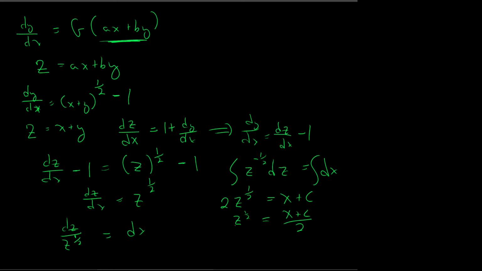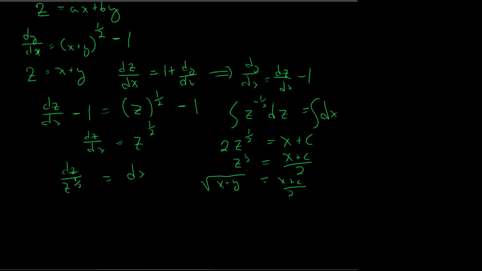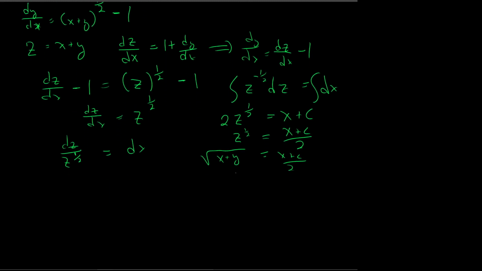But remember, z was our substitution, so I get x plus y, and I'll write 1/2 in its old-fashioned way here. And if I square this, I get x plus y equals x plus c squared, over 4, and I'll bring this over here. y equals x plus c squared over 4 minus x.